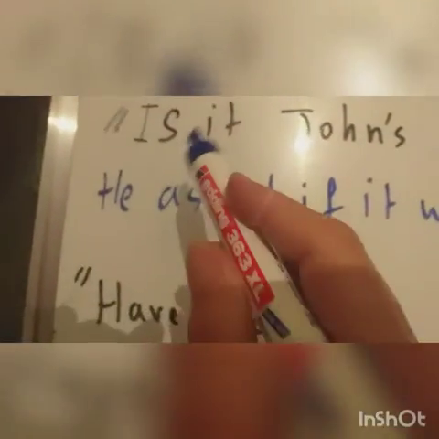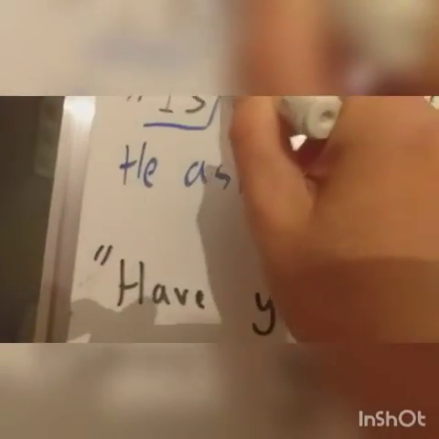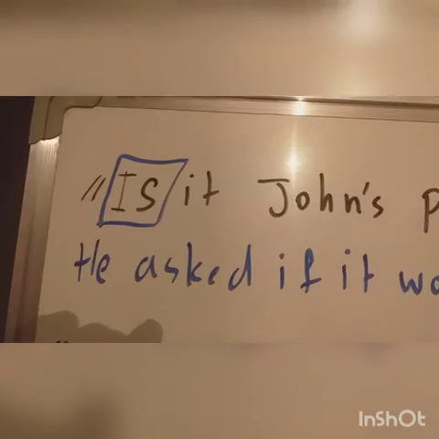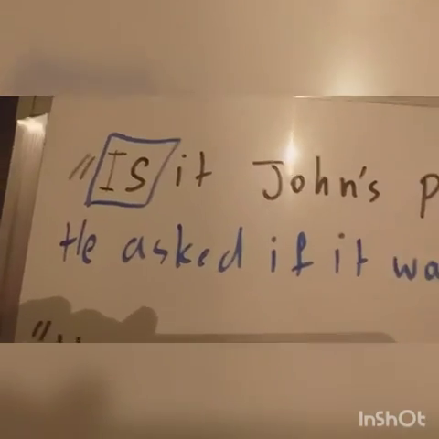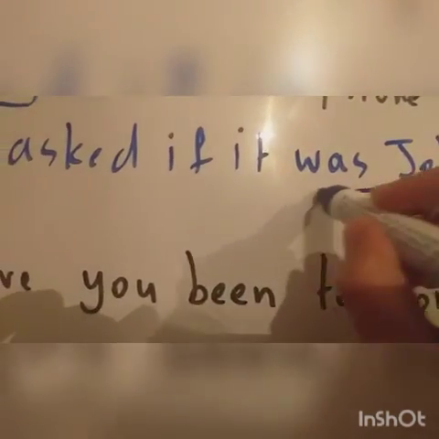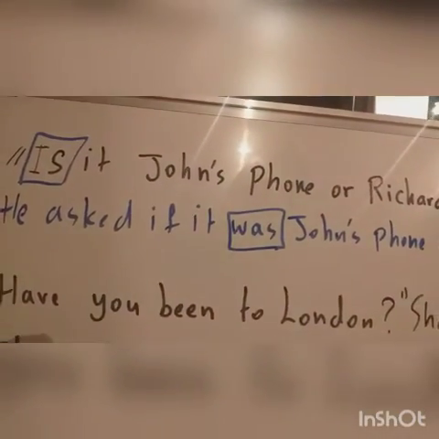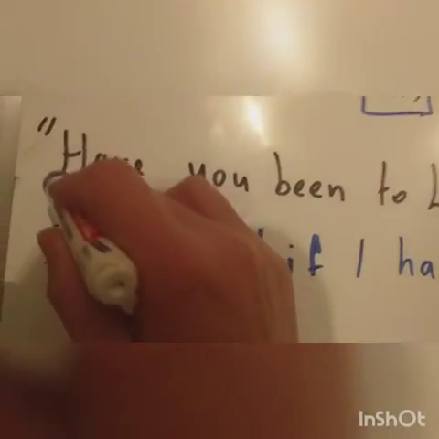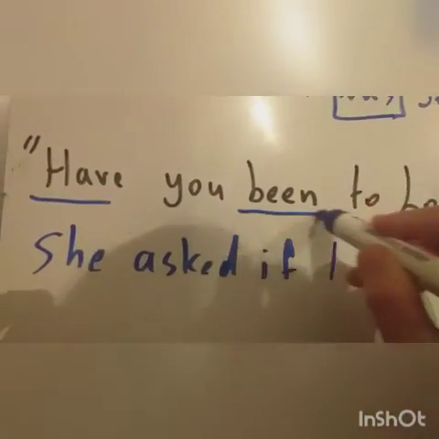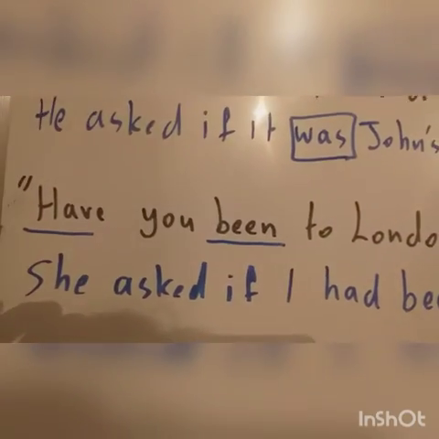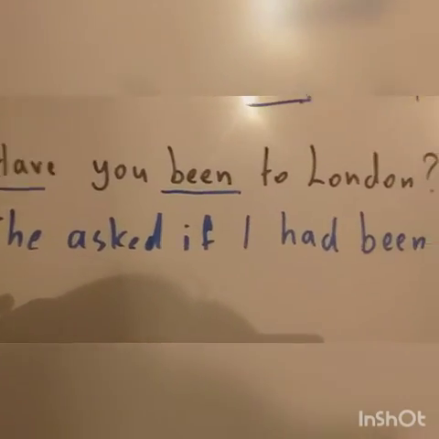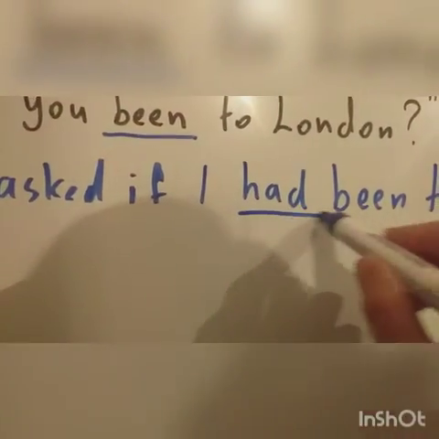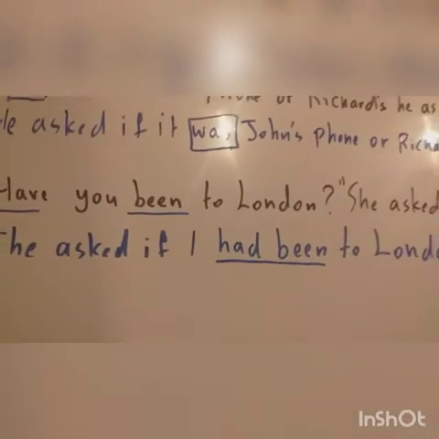In the first sentence, we have changed the present simple verb to be into the past simple. In the second sentence, the verb tense is in the present perfect, and we have changed it into the past perfect.